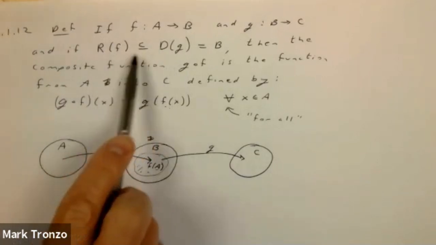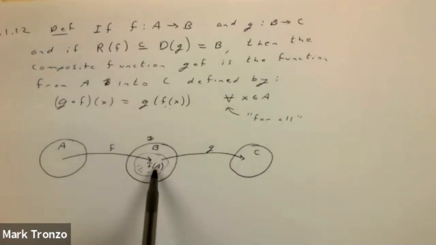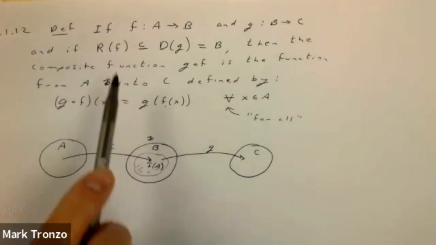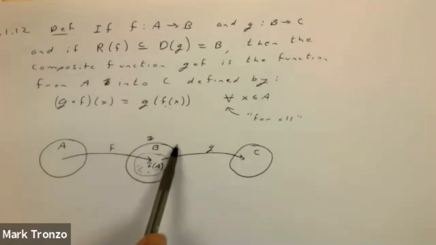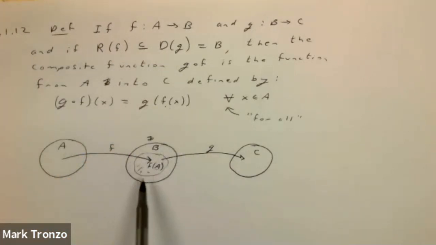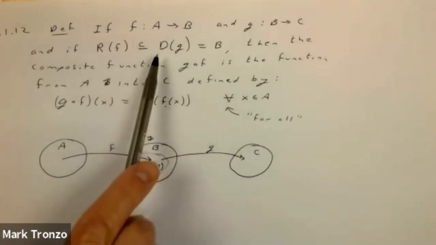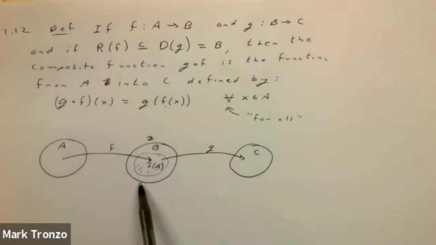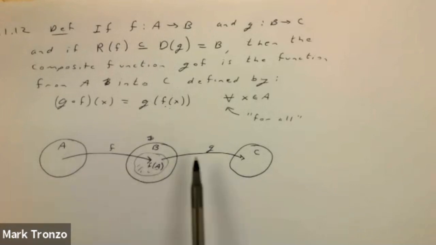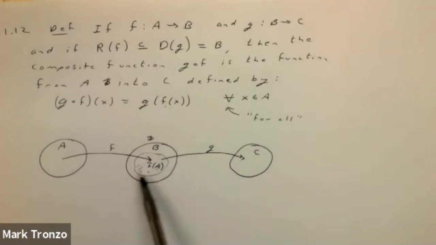According to what this says, it's possible the image or the range of f could be a subset of this set B. And remember, this is the domain of g. Then the domain of g is going to be the set B, and g takes things from the set B to the set C, like that. And so it'd be sort of a picture something like that.